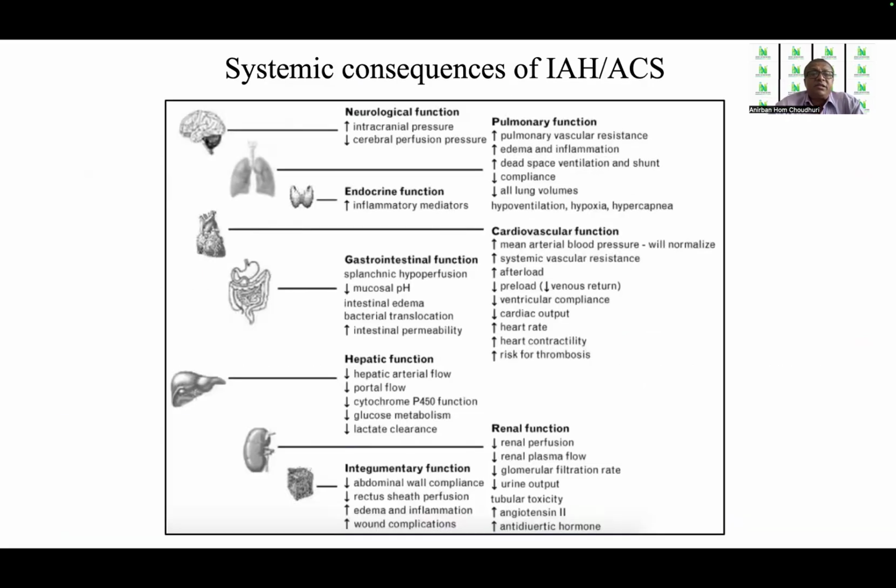The systemic consequences of both intra-abdominal hypertension and abdominal compartment syndrome arising out of it are immense. They affect variably the nervous system, endocrine system, gastrointestinal function, hepatic function, integumentary or skin and soft tissue function, renal function, cardiovascular function, and pulmonary function.